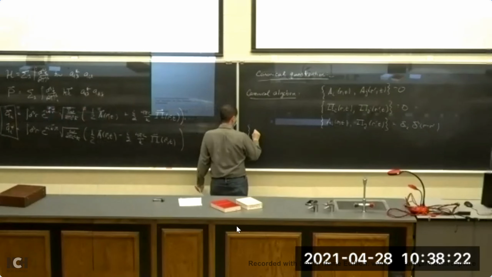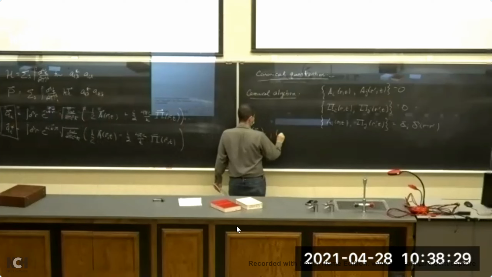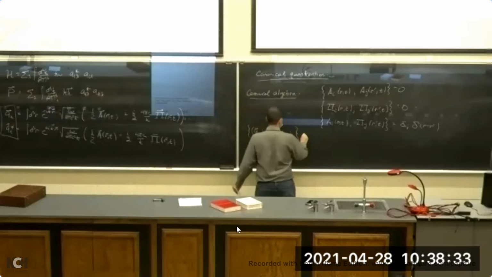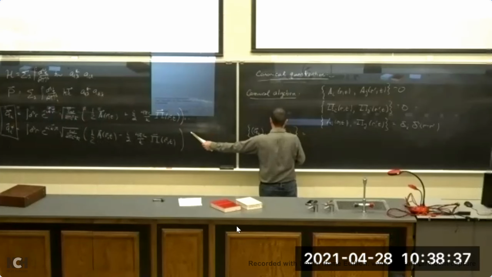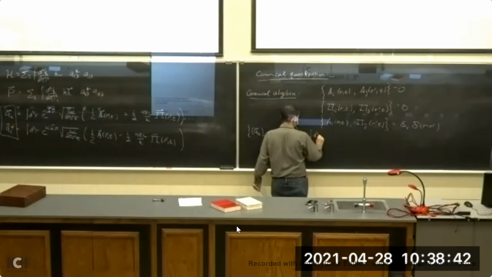So if I calculate the Poisson bracket of a_k, let's say component i, with a_k prime star with component j. Each a and a star is a position integral. So I've got the integral d3r, the integral d3r prime.